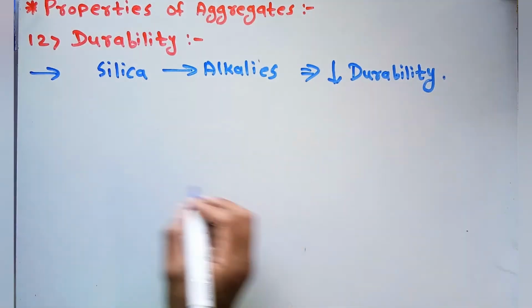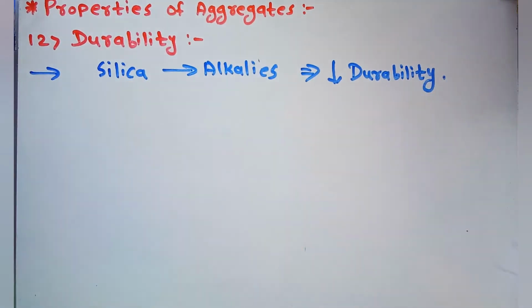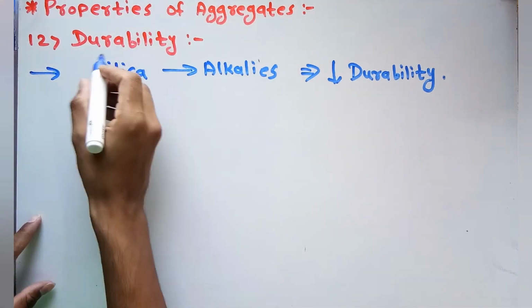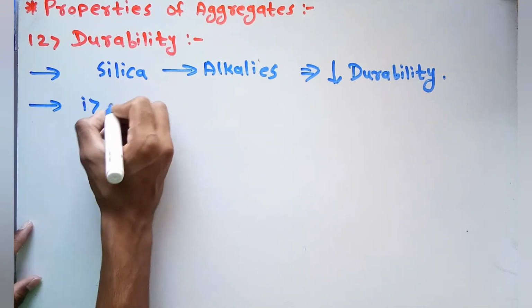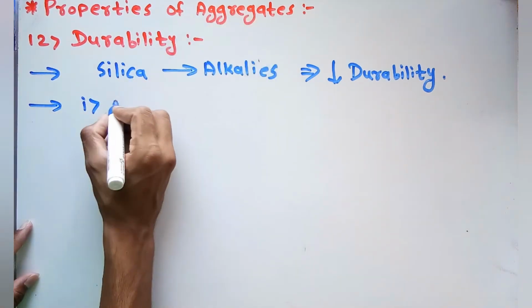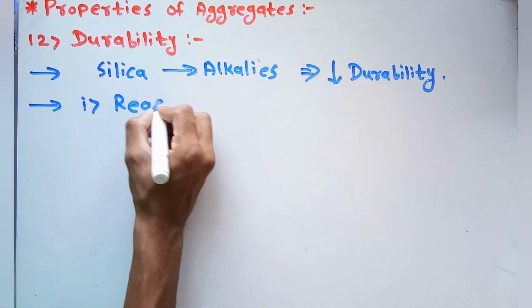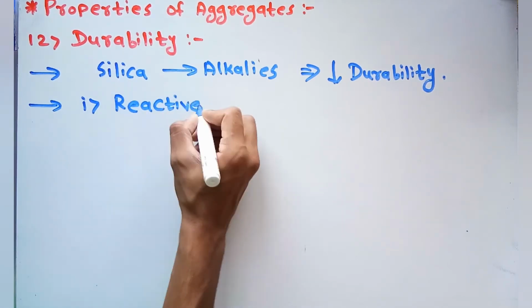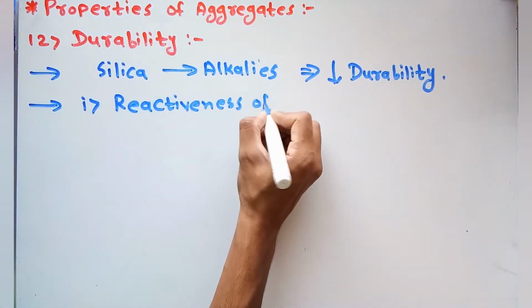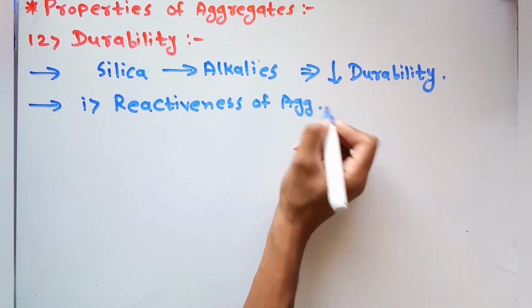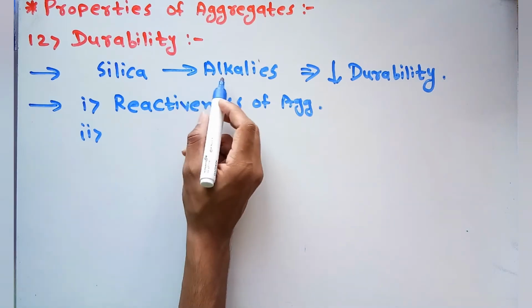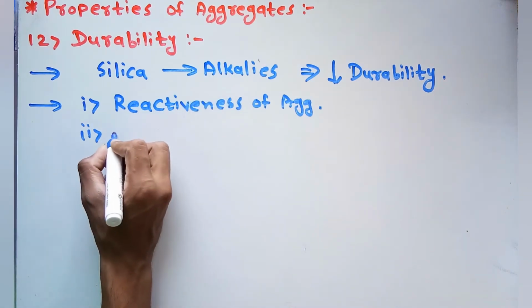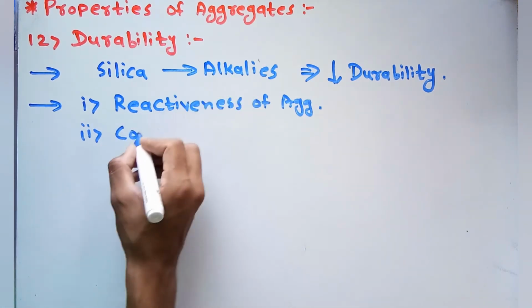Now we will see the reasons why they reduce the durability of the particular concrete. The factors which affect this silica alkali action are mainly the reactiveness of the particular aggregates. The second factor is the content of alkalis in cement.